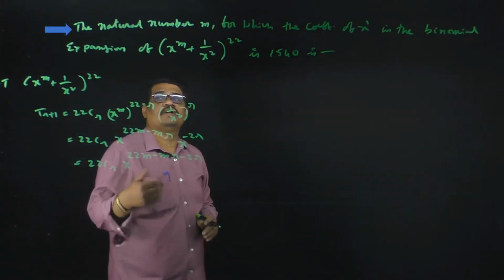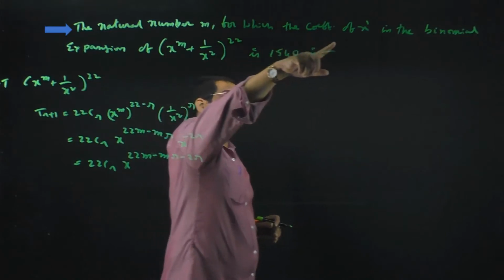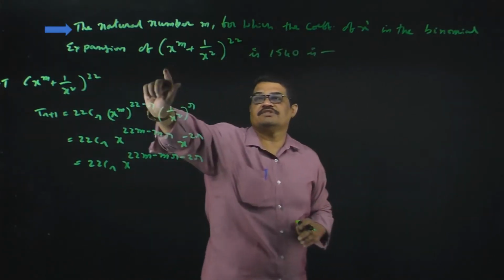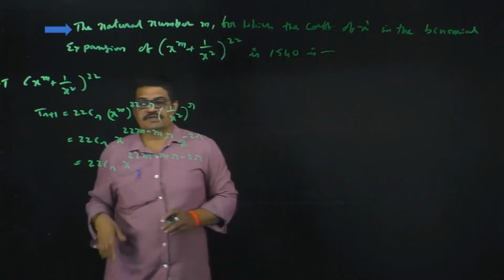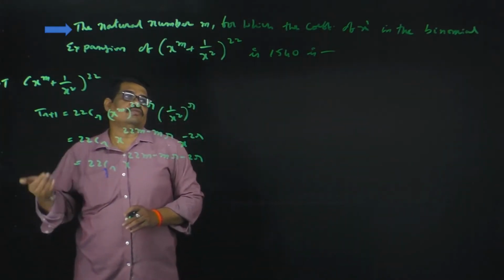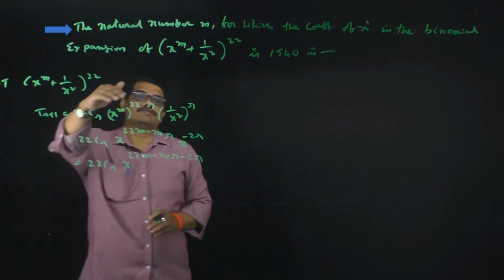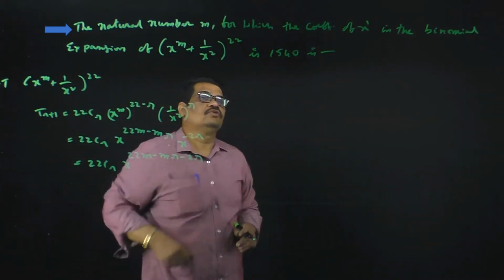Now we have to find the coefficient of x to the power of 1 in this binomial expansion, which is given as 1540.